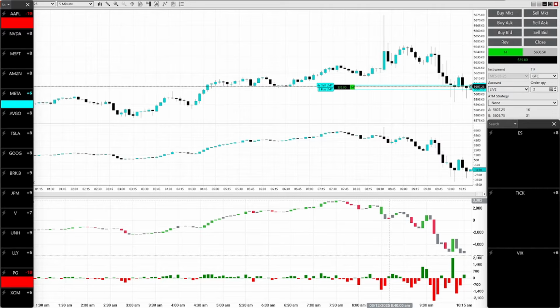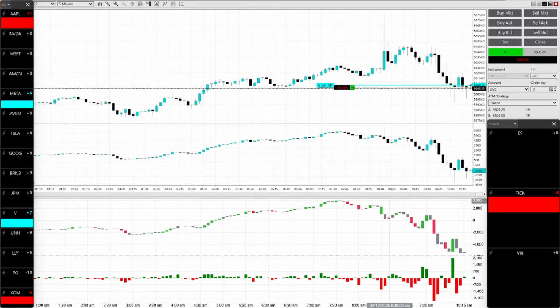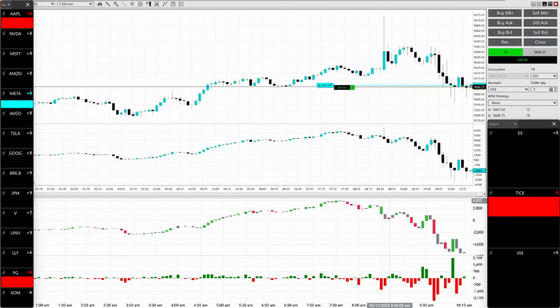I'm at 16 micros here. Pretty close to max size.